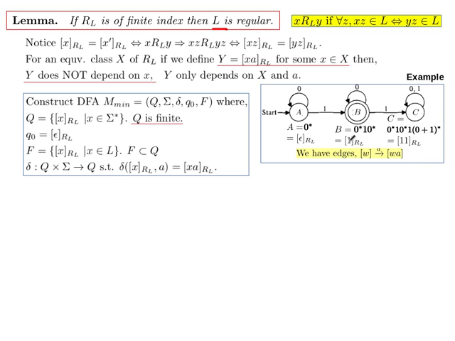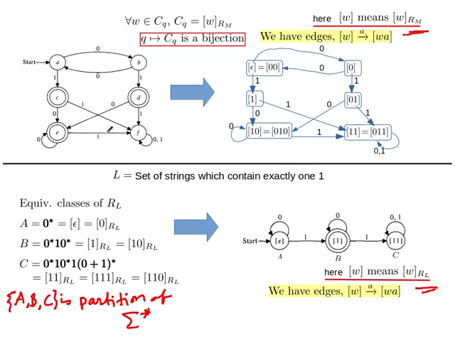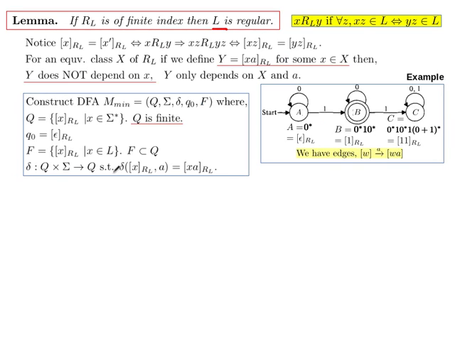And by the definition of this L, in this particular example, this thing is accepted by this L, so that means this 1 is in L. So in general, we take all these X which are accepted by the language L, and we take the corresponding equivalence classes to be the final set.